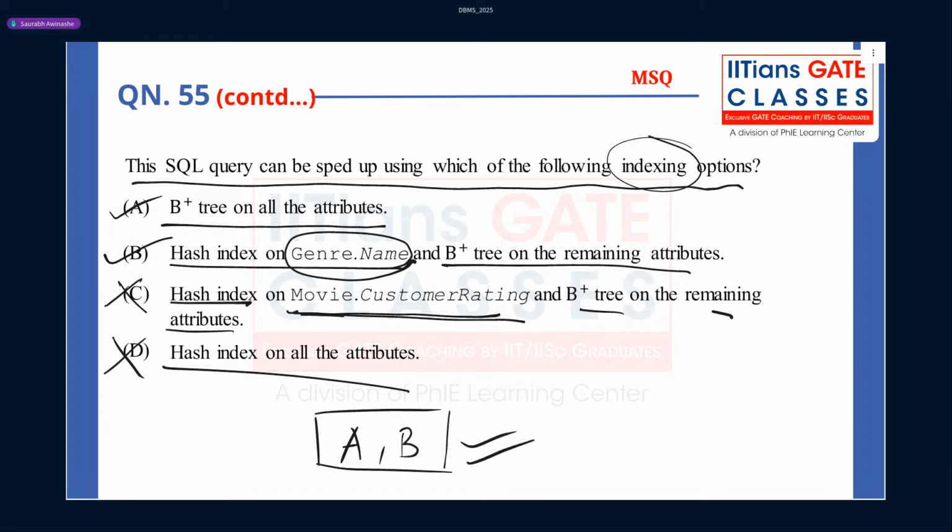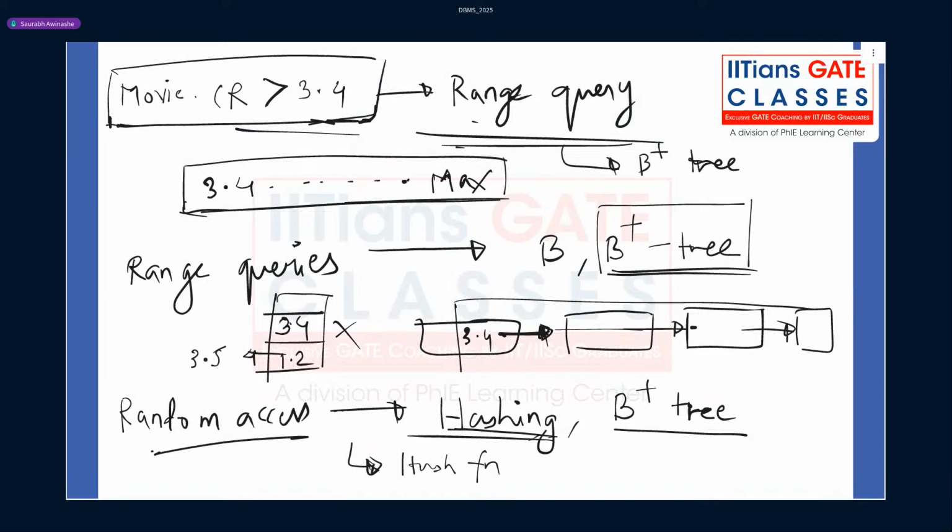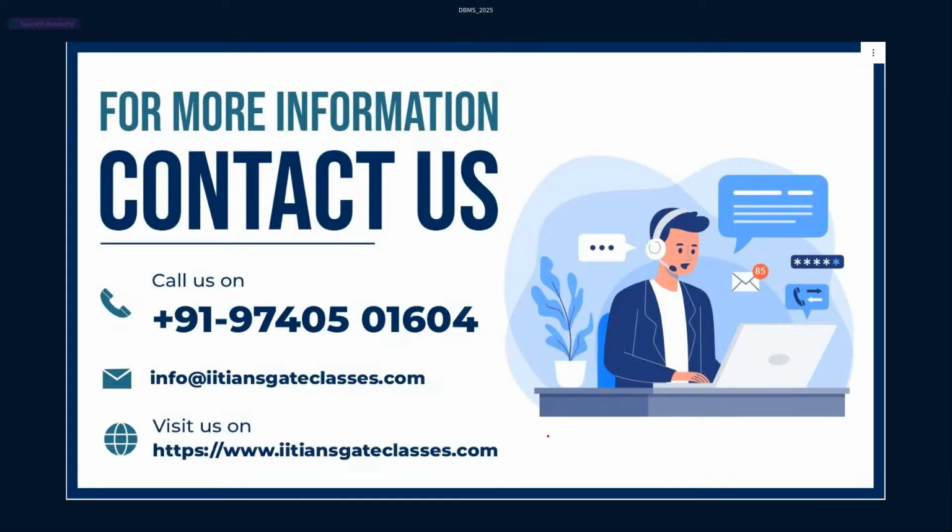This was a slightly tricky question, but the answer is simple if you analyze the indexing pattern correctly. Okay. So that is all the questions in DBMS in that GATE DA 2024 paper.